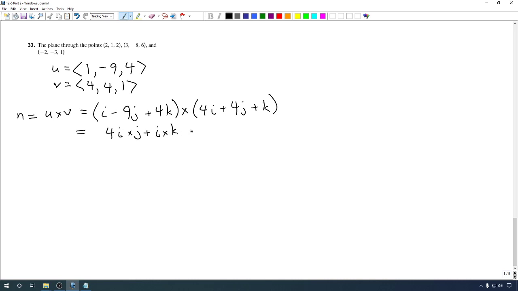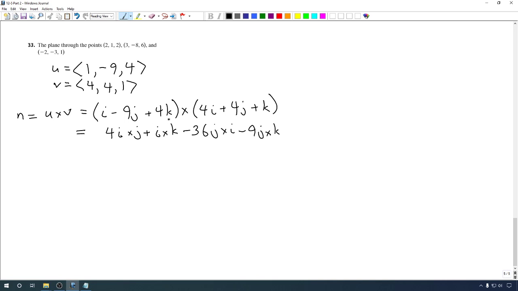Now we move on to the minus 9j. But then we have 9 times 4, so actually I do have to multiply numbers now. We have minus 36j crossed with i. Two j's together becomes a 0, so we don't need that one. But we do have a minus 9j crossed with k.